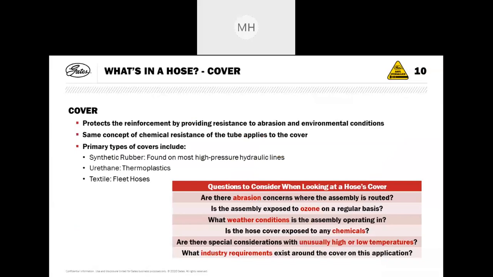Are there any special considerations, high or low temperatures, for example? What industry requirements exist around the cover for the application? Some customers may specify they need a particular style of cover for their applications. So Gates do offer a wide range of covers, but these are just some of the questions to ask, and we can help when these come up in your discussions with the customer.